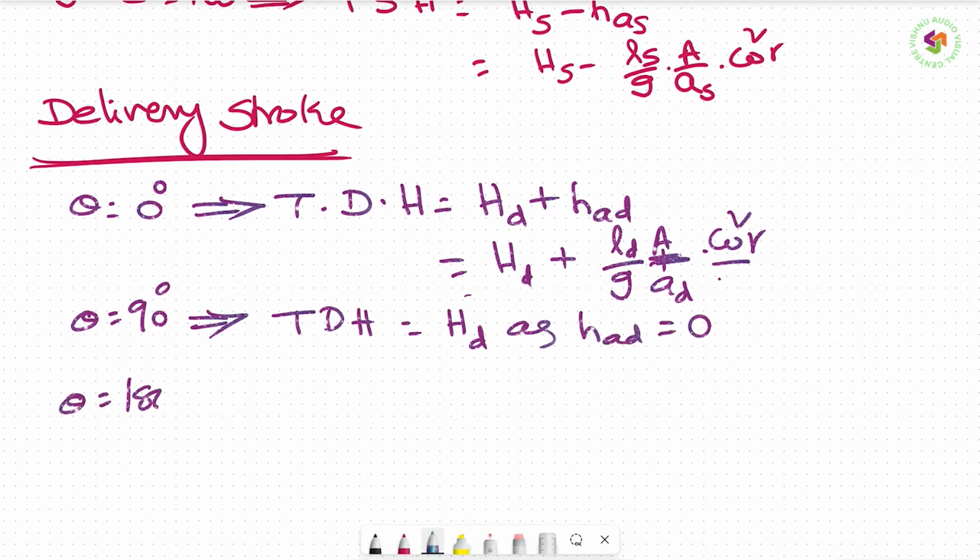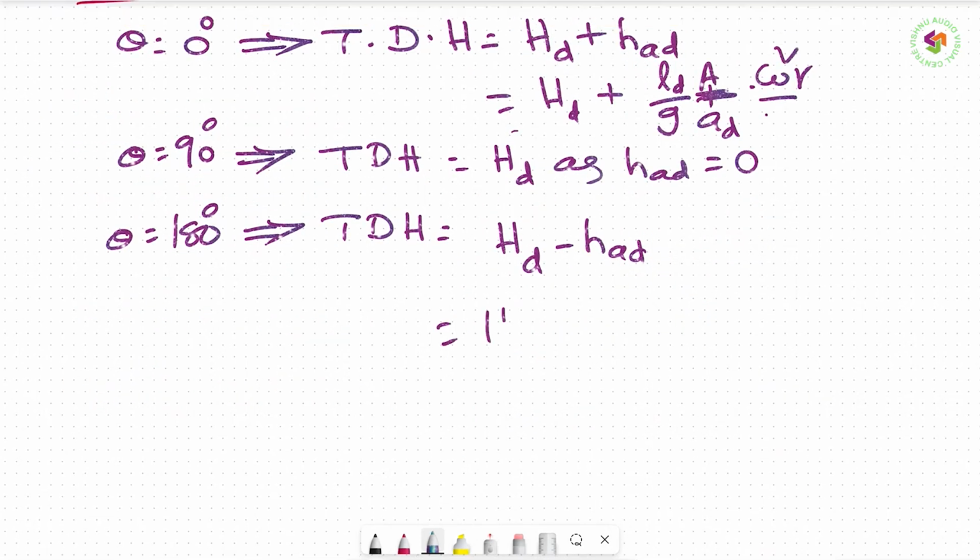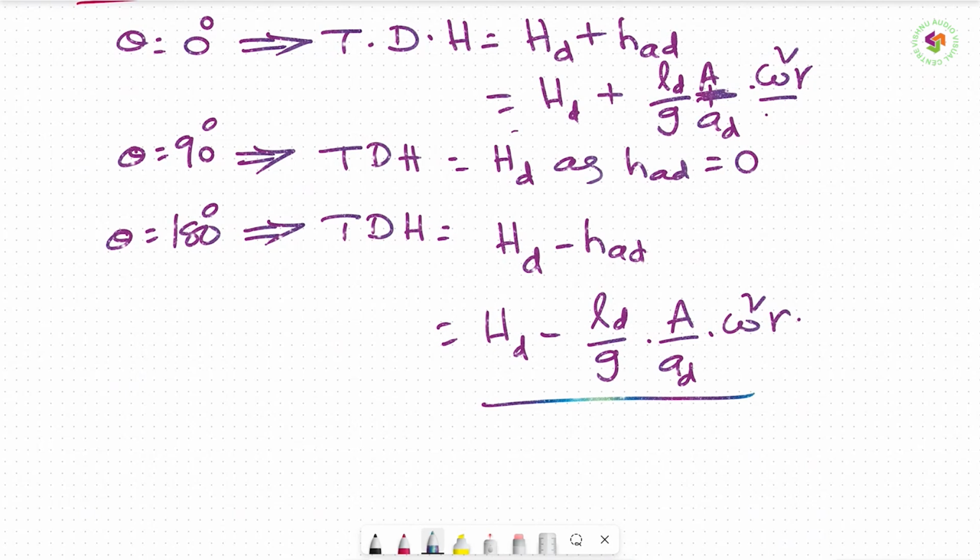Theta is equal to 180: total delivery head is equal to HD minus HAD, which is HD minus LD by g into A by AD into omega square R. So again, this is a very big problem.